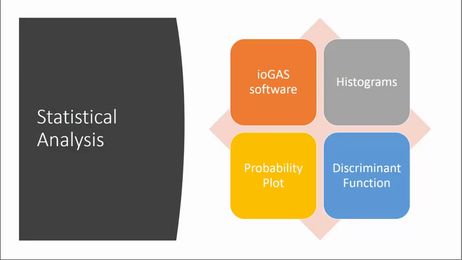The main goal of statistical analysis was to find a way to use the geochem analysis from the portable XRF to classify the data by known lithology. I used IOGAS software developed for geochem data analysis.